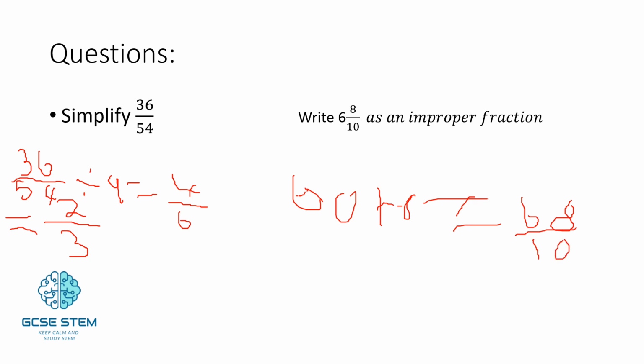Now we can go back and check this by doing 68 divided by 10. 10 can't go exactly into 68. The best it can do is 6 times with 8 remainder. And now you realised, oh, I've got the right answer.